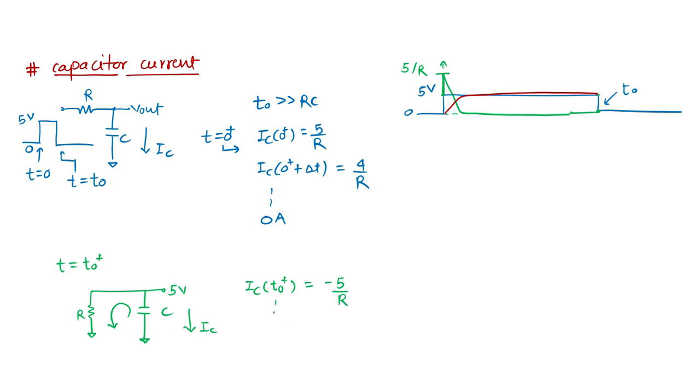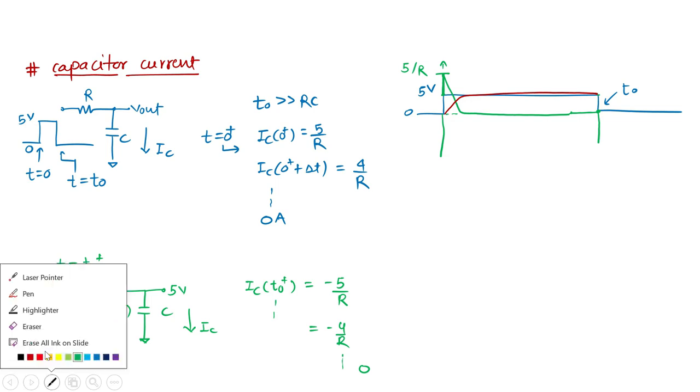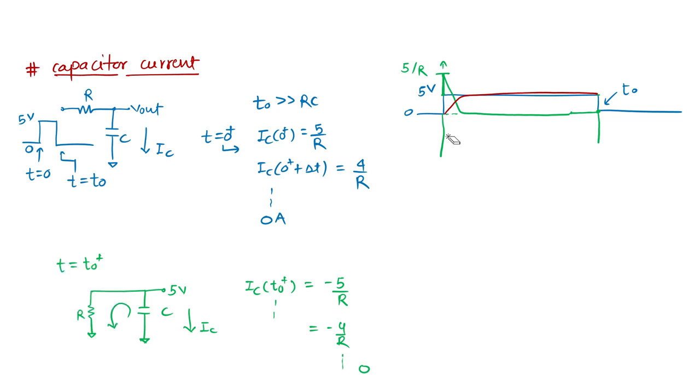And after that we are seeing that slowly it is reducing from minus 4 by R to 0 ampere, because finally it is discharged. So suddenly at this instant your current will go negative. Let me draw this properly.